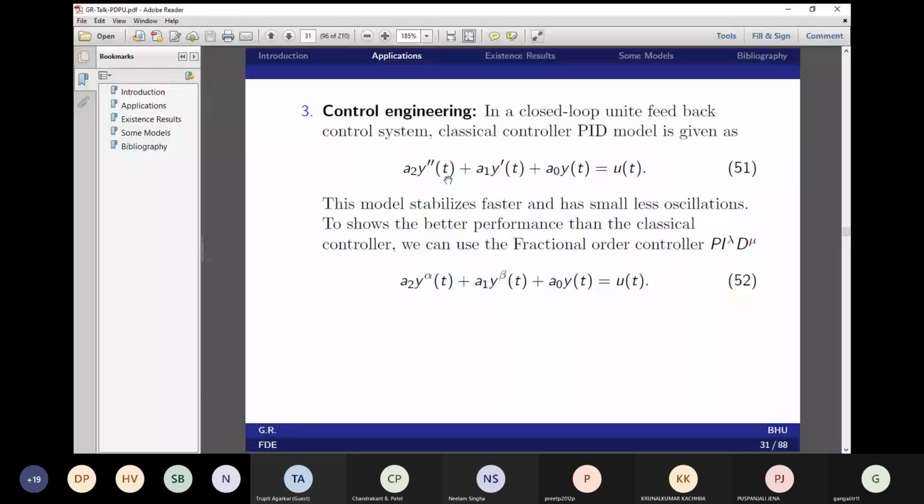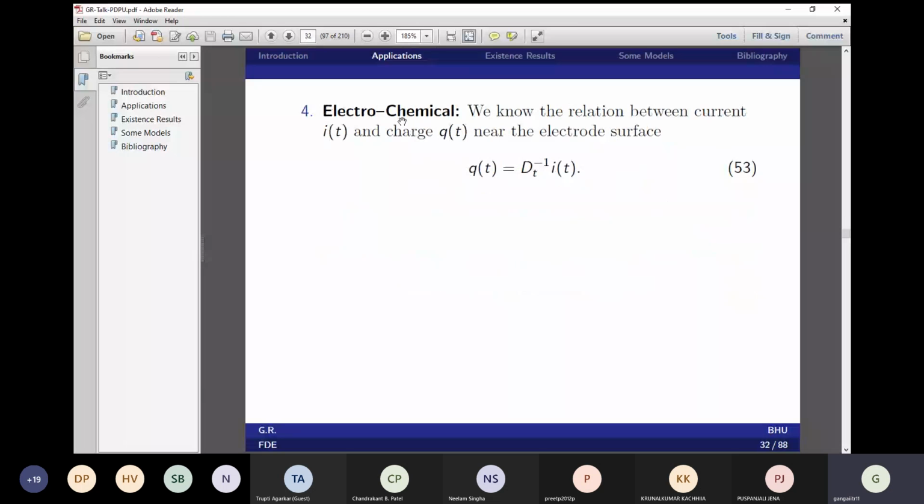In electrochemistry we can use fractional calculus, as we know that the relation between the current i(t) and charge q(t) near the electrode surface can be represented by the relation: q(t), where q is charge, d to the power minus 1, i current.